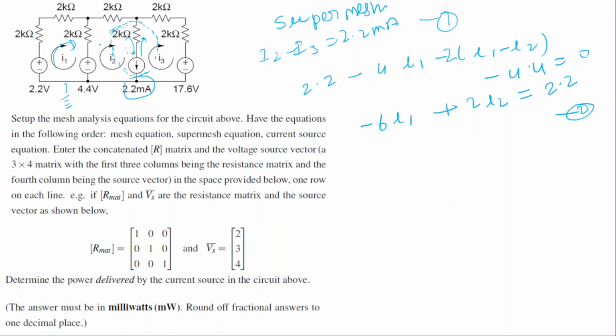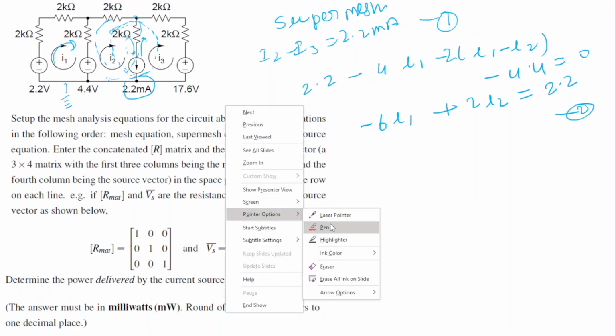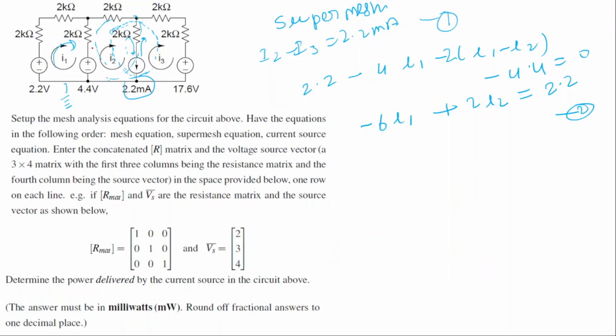Now for the second mesh, earlier we were traveling across this mesh. Now we won't travel across this mesh, we will travel in this direction. Let me take a different color.